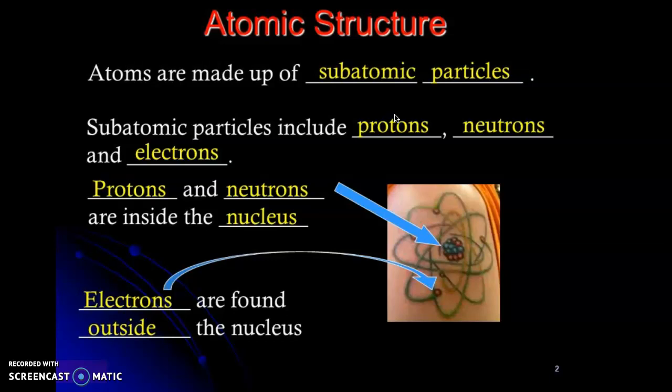Protons and neutrons are found inside the nucleus, or center, of the atom. Electrons are found outside the nucleus in what we call the electron cloud. They do not look like these spinning rings right here. They actually look more like the electron clouds. They don't look like the spinning ring. They actually look more like a balloon that comes off the nucleus. We will look more into that, though, on Thursday.